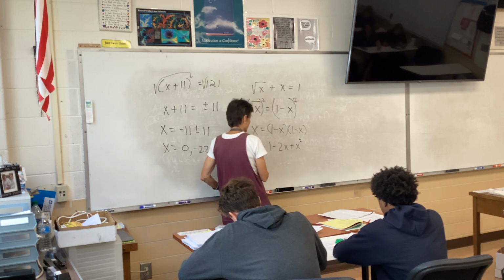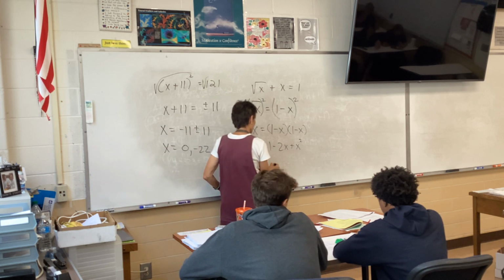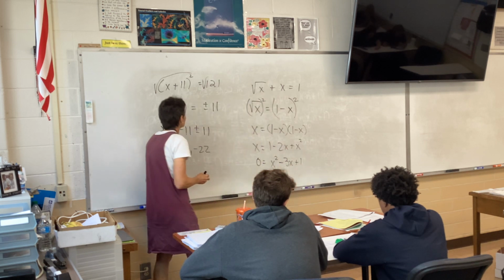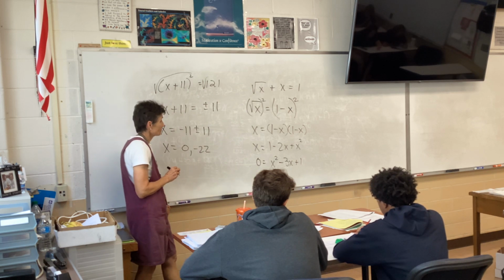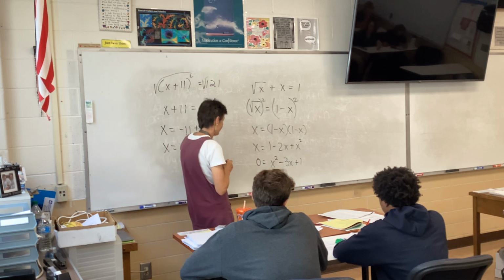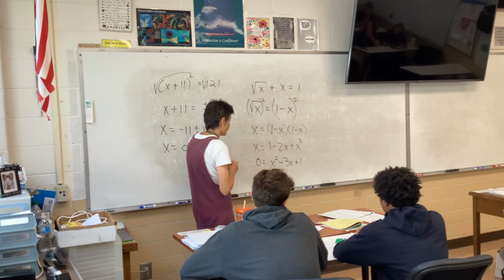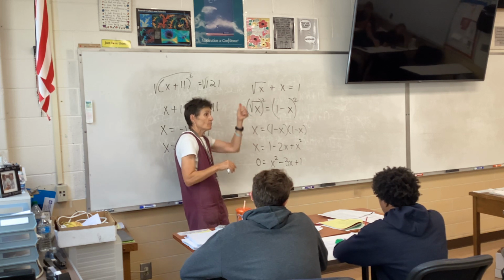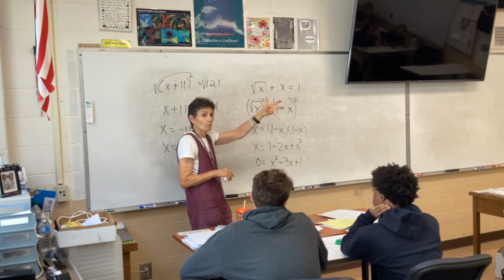Subtract the x, so 0 equals x squared minus 3x plus 1, does that look right? Yes. And what? Quadratic formula. Okay, so it's a quadratic, either factor, complete the square, or use the formula, right?